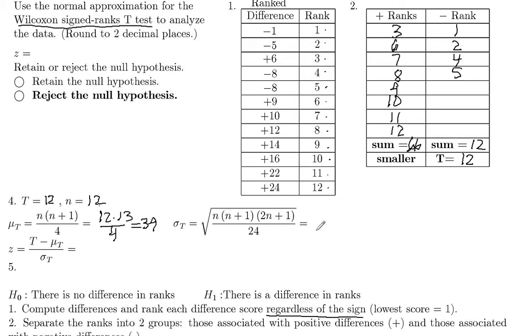The standard deviation is the square root of 12 times 12 plus 1, which is 13, times 2 times 12 is 24, plus 1 is 25, and then dividing by 24. If you compute that in the calculator, you get 12.747.